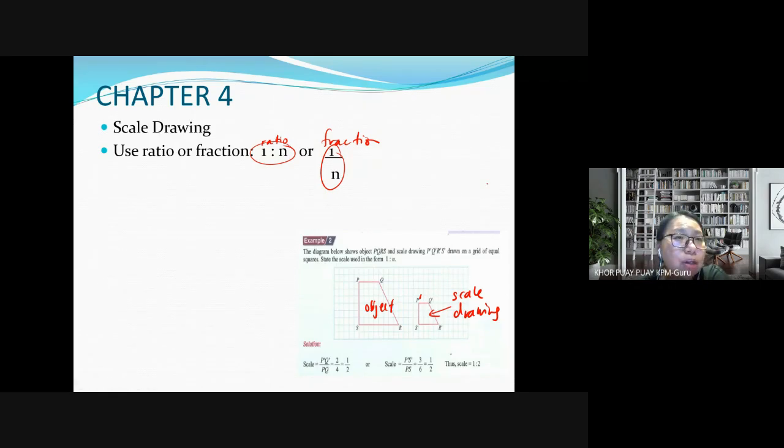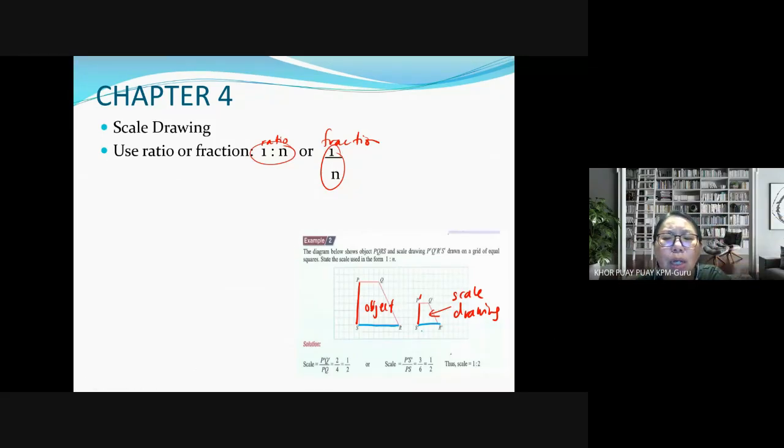So how do I write the formula or the scale? You will need to use one length. So you need to compare the same length for your object, the same length for your scale drawing. For example, you can choose to compare the vertical length with this vertical length, or you can choose to compare the horizontal length with this horizontal length. But when you compare, the scale drawing must always be on the left side first.